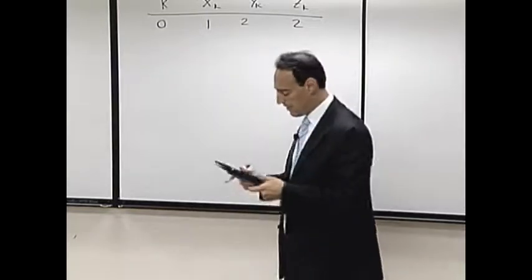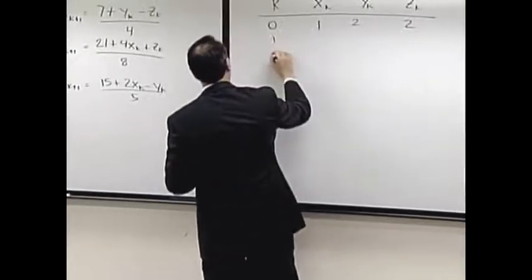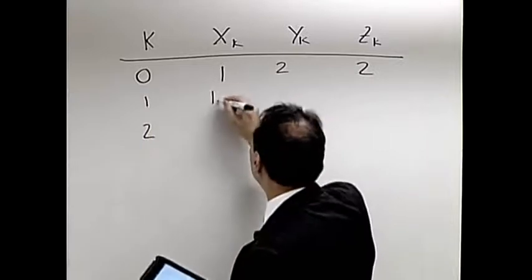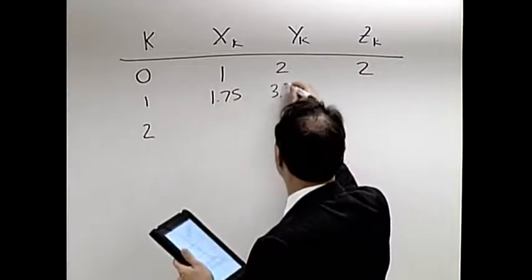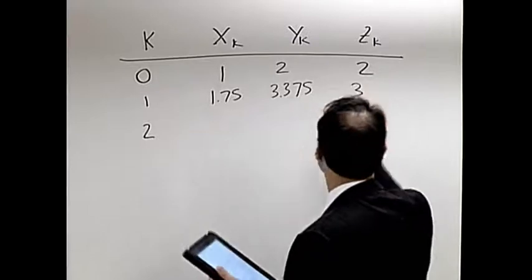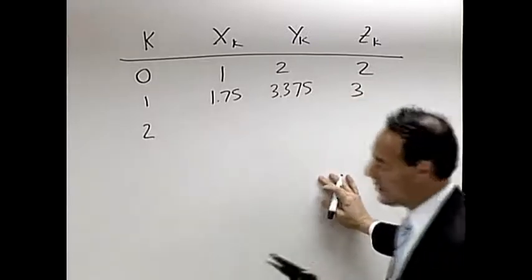So let's just guess this. And I'm going to do the following. I'm going to keep track of what happens as I iterate this thing. So after one iteration, I get these numbers. 2 iterations.